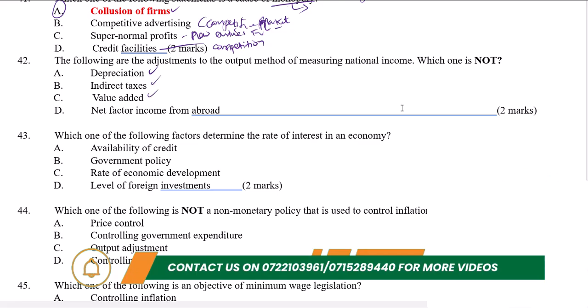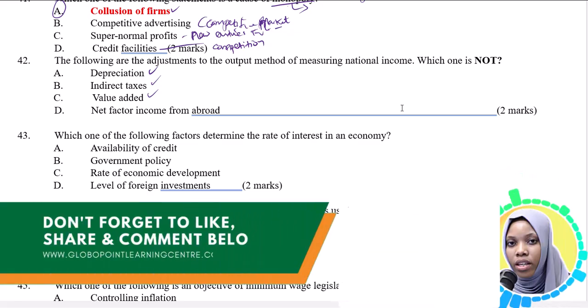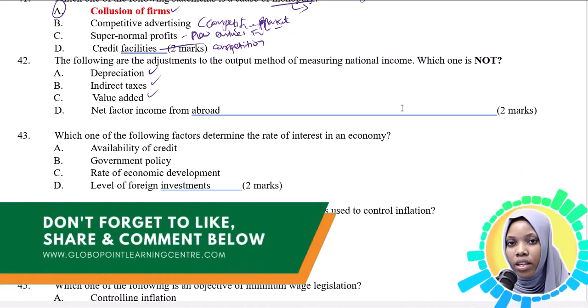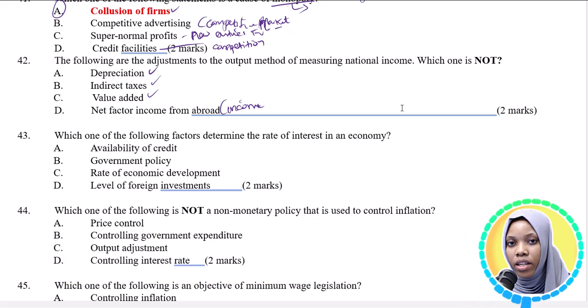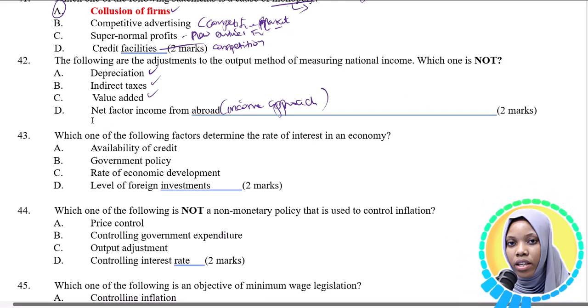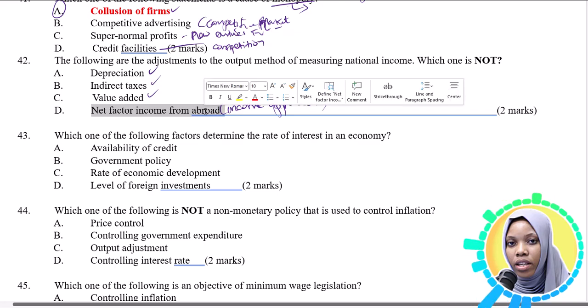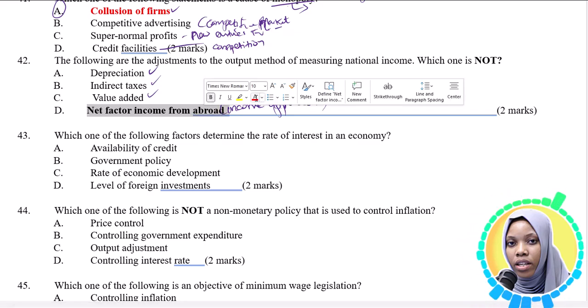Value added tax, yes. The net factor income from abroad, choice D, is not. This is an income approach method of measuring national income. And so our answer should be D. Net factor income from abroad is not an output approach method.